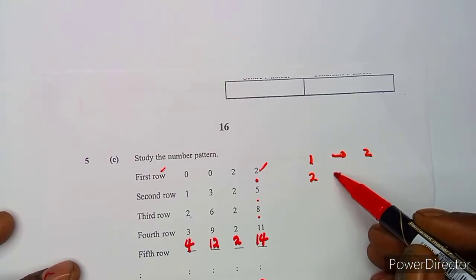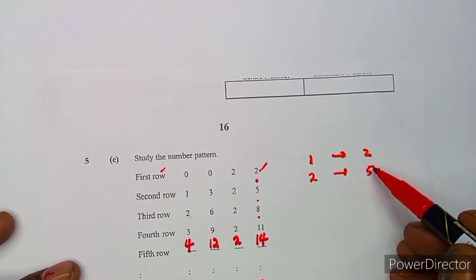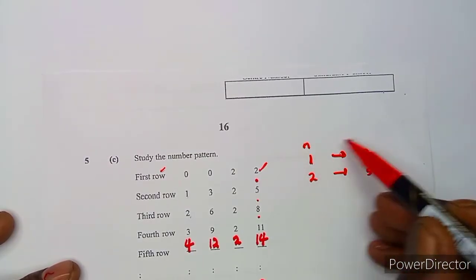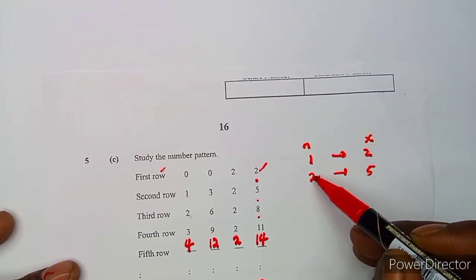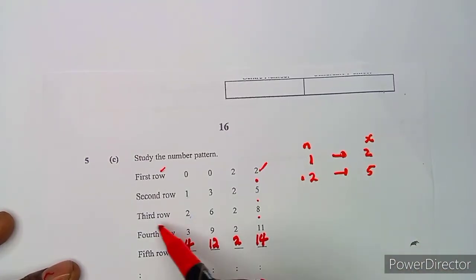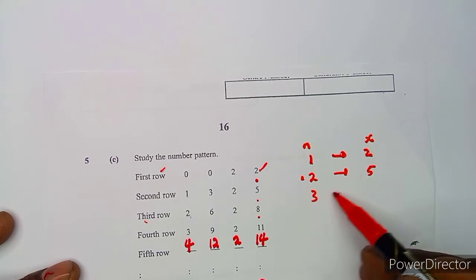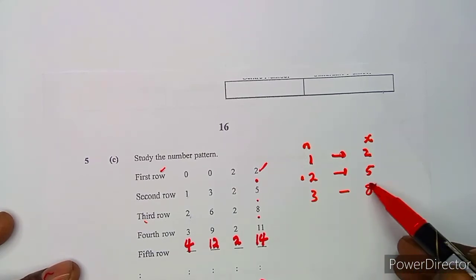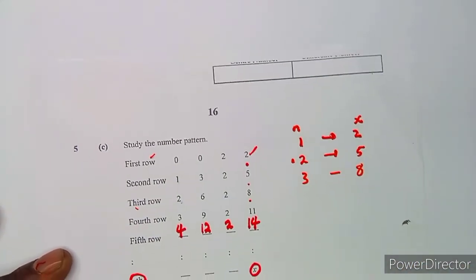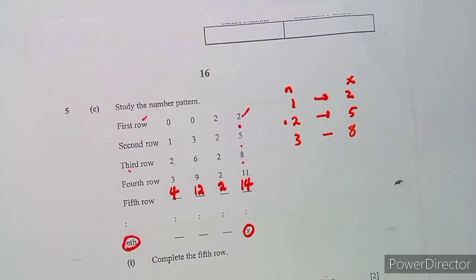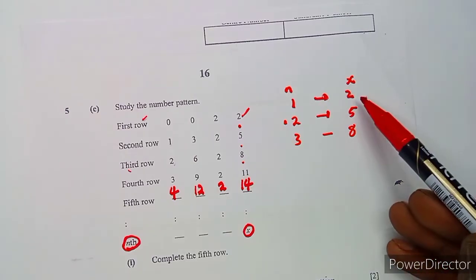On the second row, the number is 5. So this is your n, this is your x. So when you are in the third row, the number that corresponds is 8. So what is actually happening here? What is the relationship here?